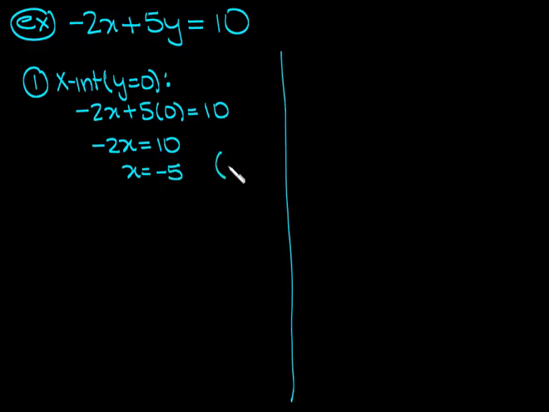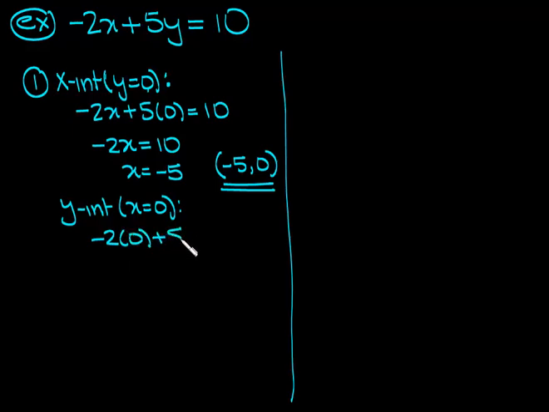So my x-intercept is x is negative 5 and y is 0. To find the y-intercept, what do we do? We set x to 0. So we get negative 2 times 0 plus 5y is equal to 10. So we get 5y is equal to 10. So we get y is equal to 2. So my y-intercept is 0 and 2.